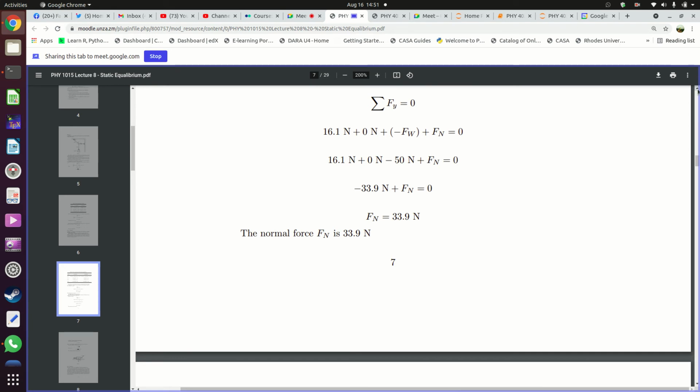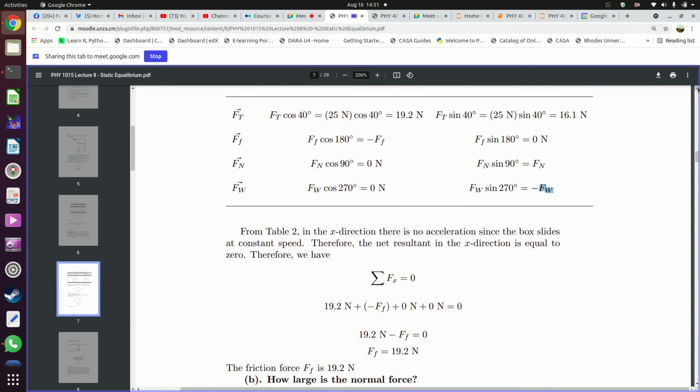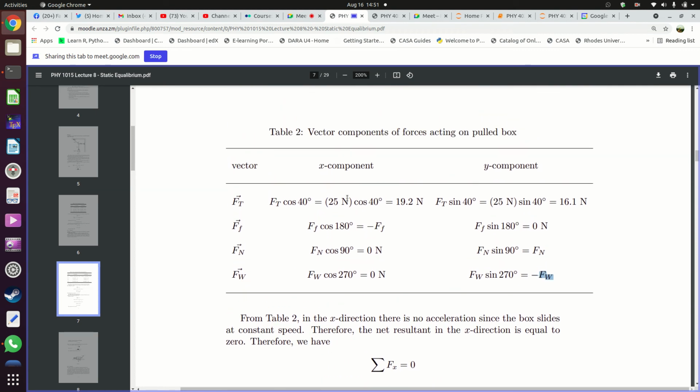So in this particular case, now that we have got our table of components, you always need to come up with this table where you've got the vector, then the x component, and the y component, where you identify your forces, and for each force you find out what is the x component and what is the y component of that particular force.